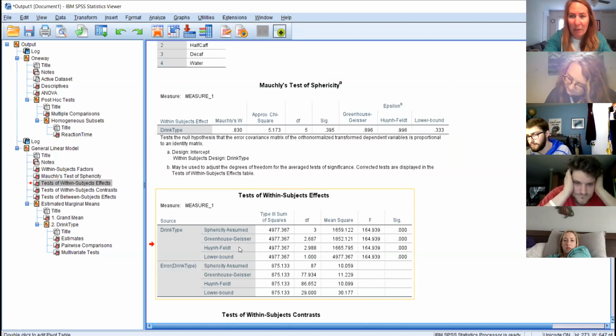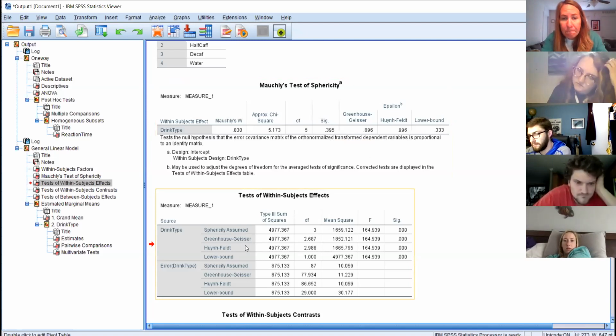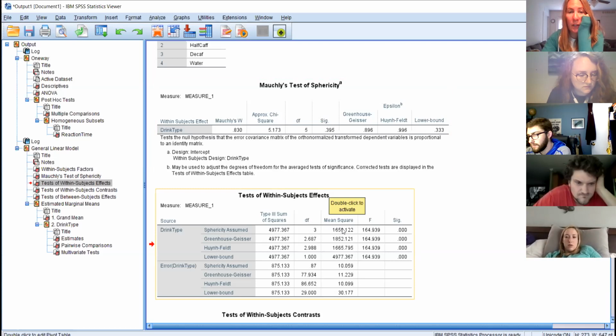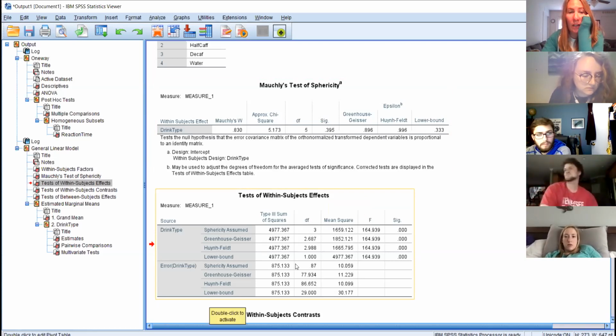I remember learning about them in grad stats, but you can choose whichever one floats your boat. If you have a favorite one, you could just use it. It's adjusting for the fact that our normality assumption has been violated. But this is non-significant, so we can just look at sphericity assumed.